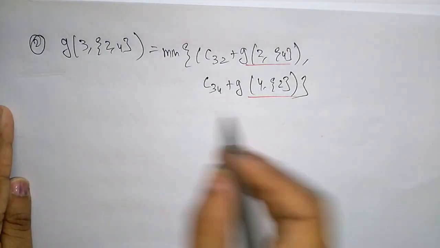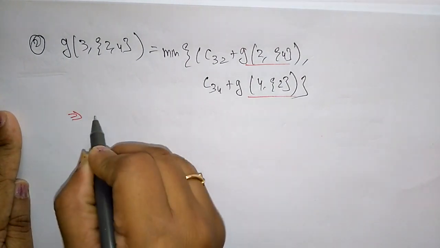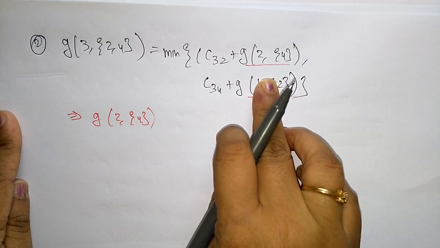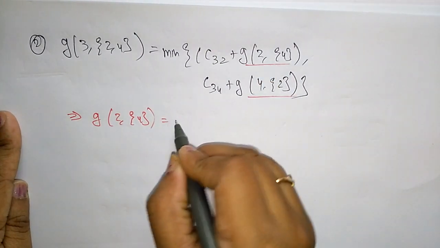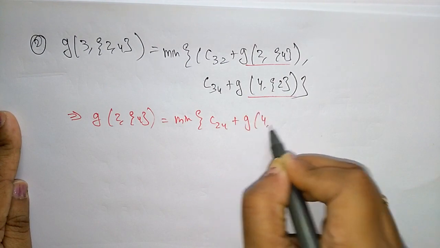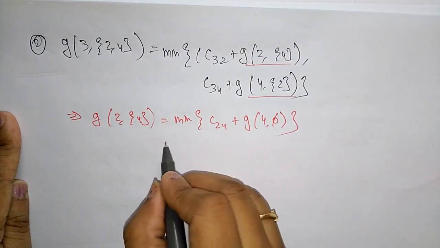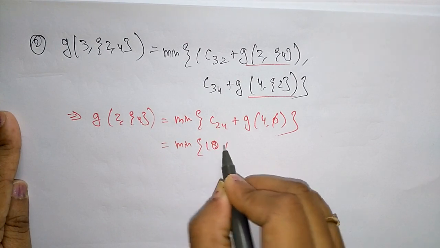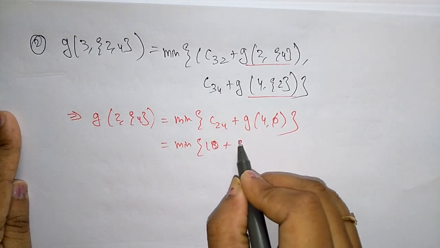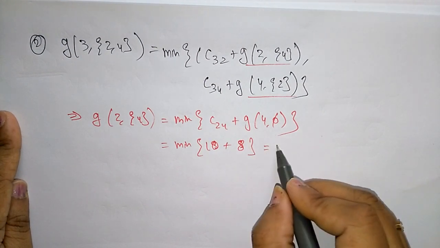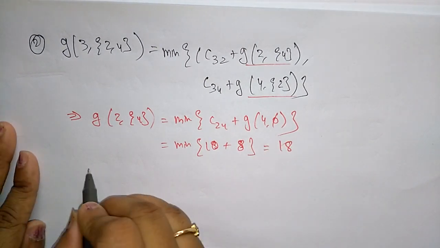Now let us calculate g of 2 comma 4 first and substitute those values here. Apply the same formula: minimum of C24 plus g of 4 comma 5. C24 is 10 and g of 4 comma 5 we already calculated, that is 8, so 10 plus 8 gives 18.